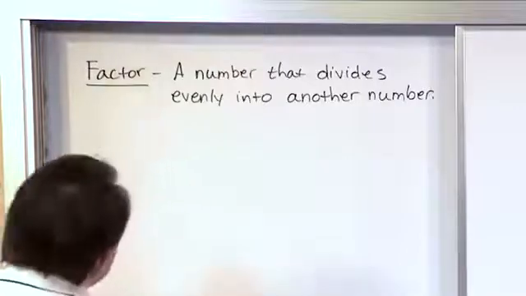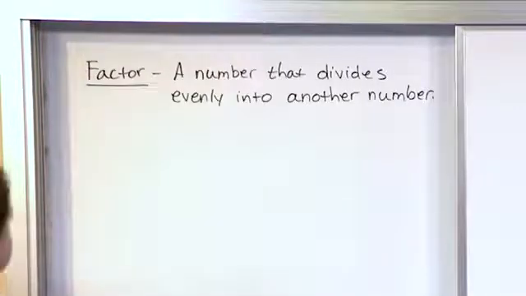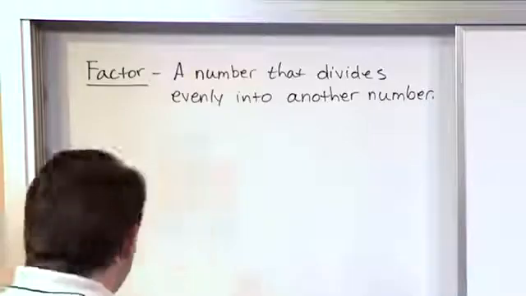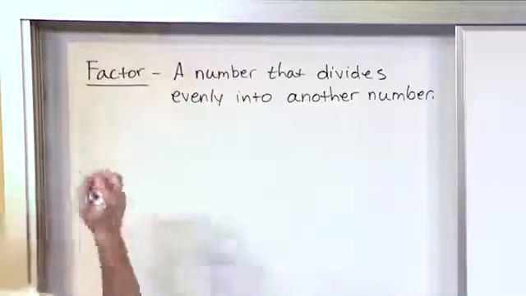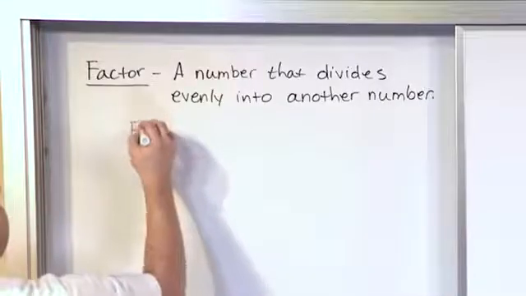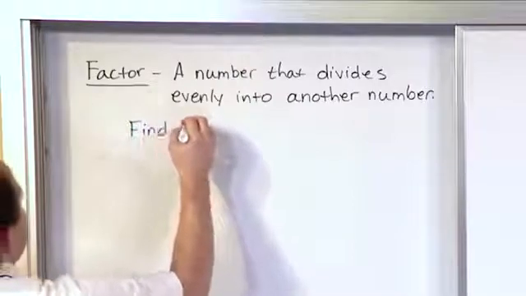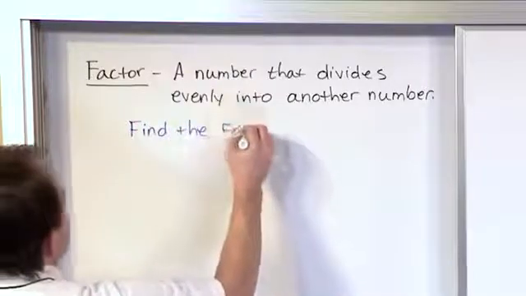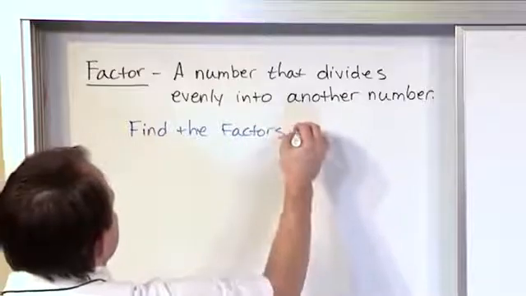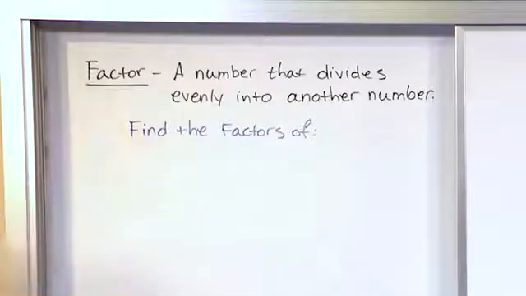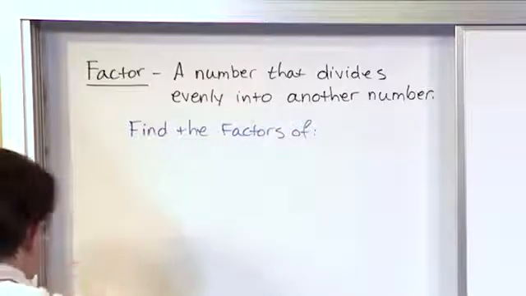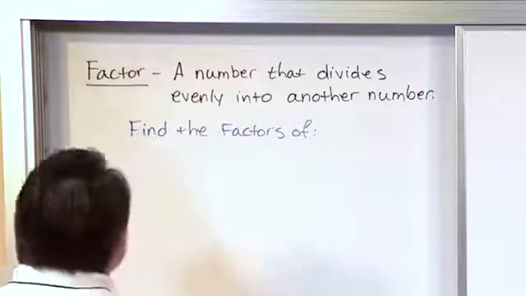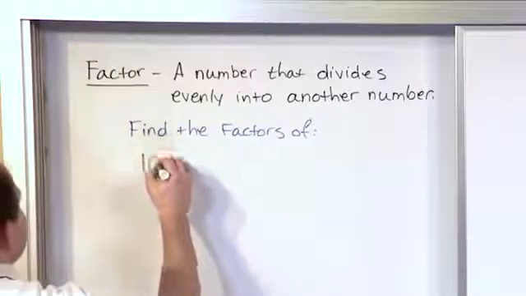And I realize this can be a little confusing, so let me give you a quick example and then we will understand exactly what these words mean. So if I want to find the factors of the following things, this is how we would do it. Find the factors of, let me switch colors a little bit here, let's say the number 10.